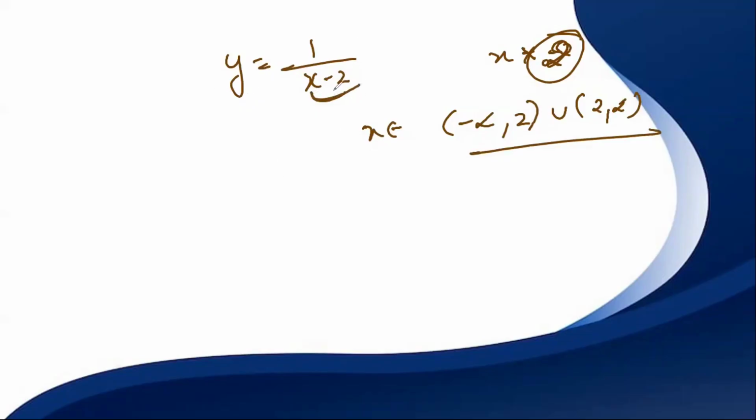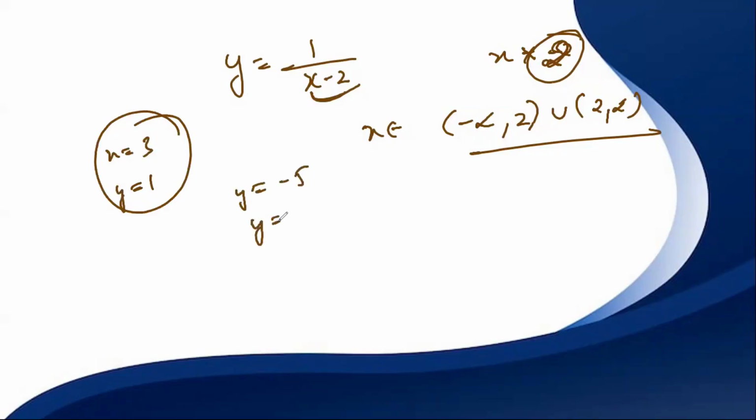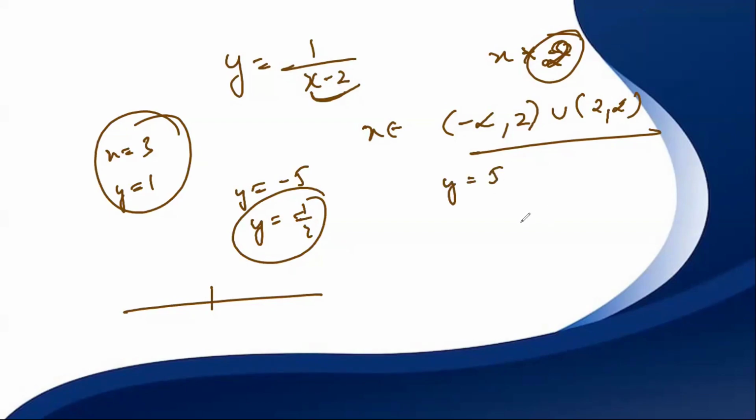If I'm taking x as 3, I'm getting y as 1. If I'm taking x as any negative value, let's say minus 5, I will get a proper fraction only on the negative side. If I am putting x as 5, again I'm getting a proper fraction only. Every time I'm getting a proper fraction.